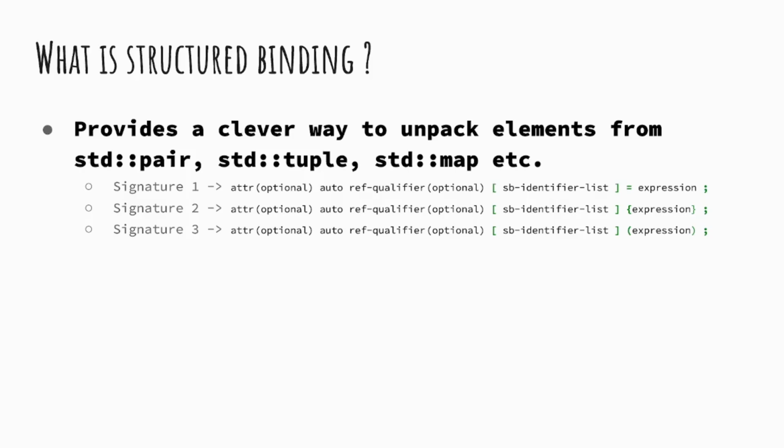The official C++ documentation provides 3 signatures, and the only difference you see is the way they deal with the expression. You can use an equal sign, curly braces, or parentheses. The reference qualifier is optional and the attribute qualifier is optional, right? I guess the essentials are the auto, square brackets, your identifier list, and the expression.